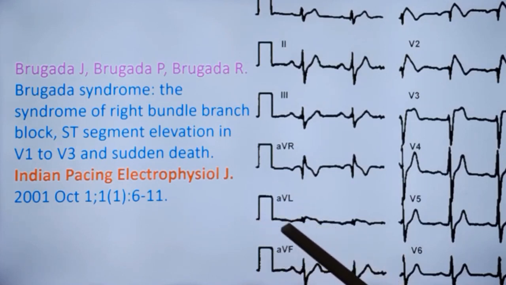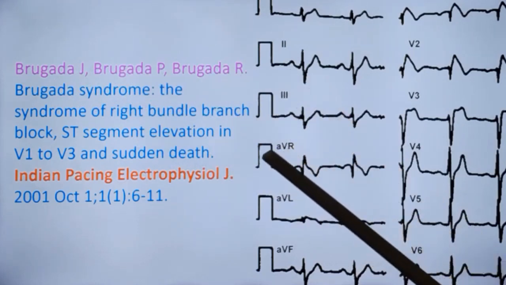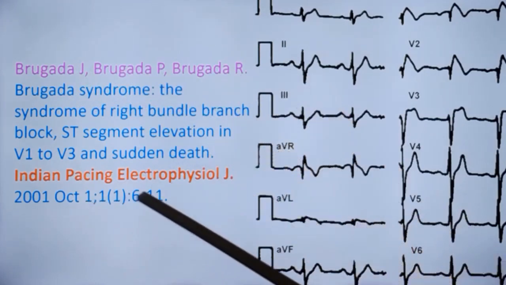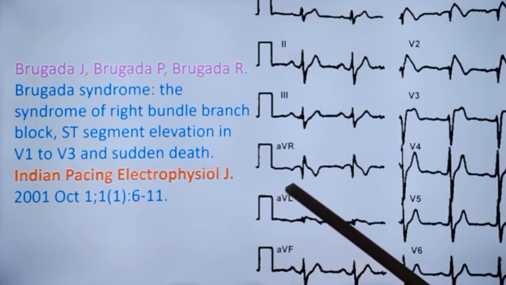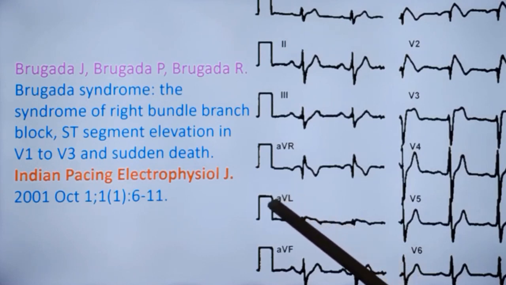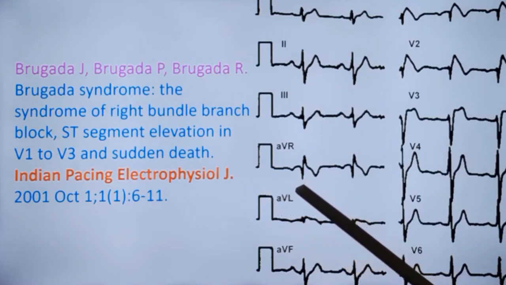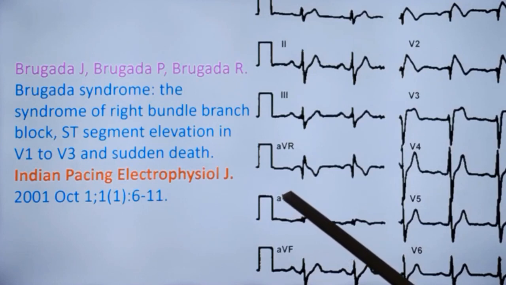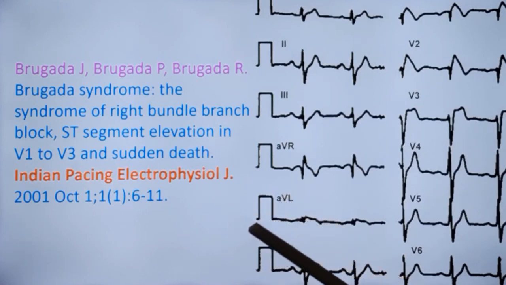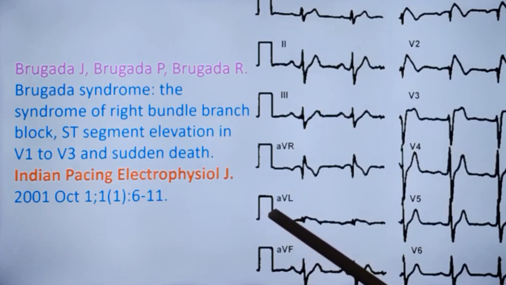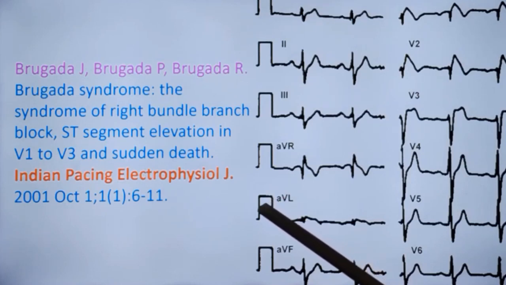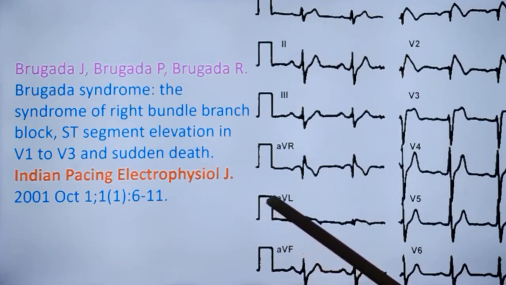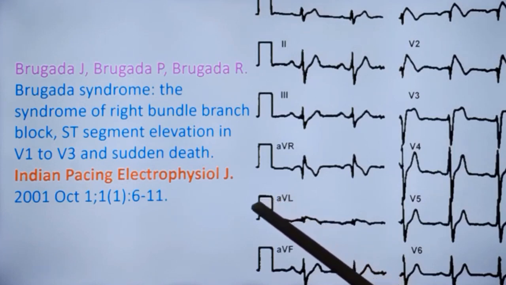And this review article by the Brugada brothers in the very first issue gave a boost to the journal, so that in 2007 it was included in PubMed Central, the full text archive of the US National Library of Medicine, and earned a position for the journal as the first online only Indian journal to be included in PubMed Central, which was mentioned in the Limca Book of Indian Records in 2007.